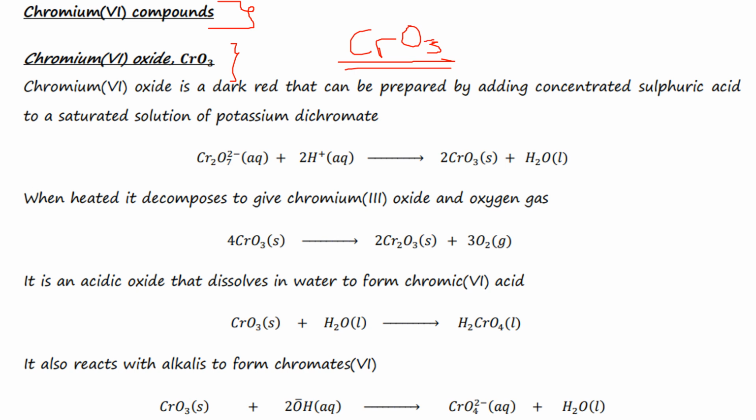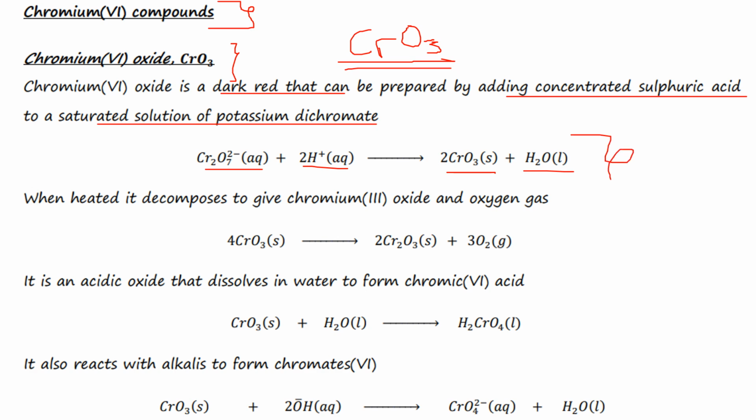Now first, chromium 6 oxide is a dark red solid that can be prepared by simply adding concentrated sulfuric acid to a saturated solution of potassium dichromate. If you're having potassium dichromate and then you add concentrated sulfuric acid, we form what we call chromium 6 oxide together with the water molecule.